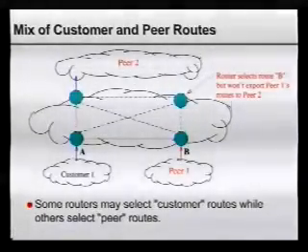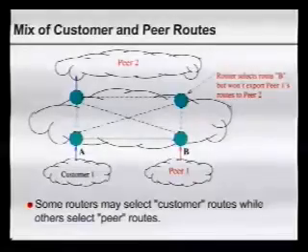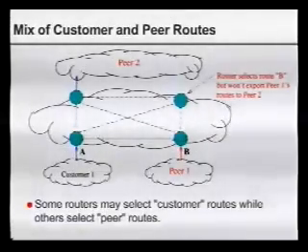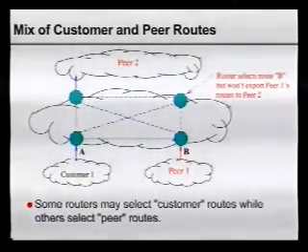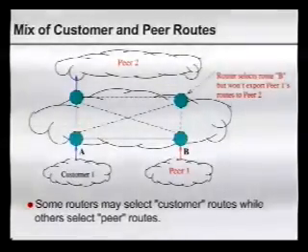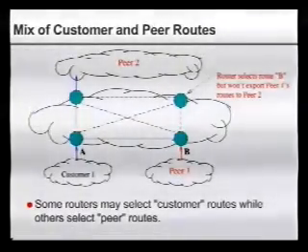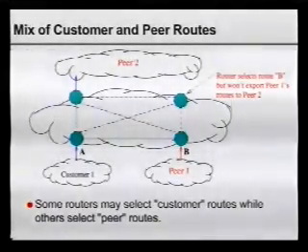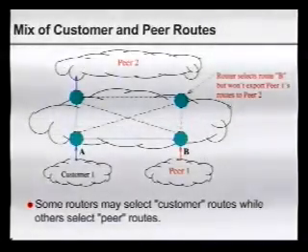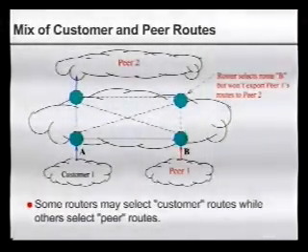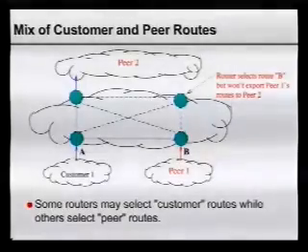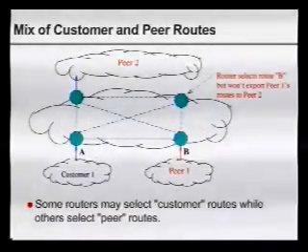Okay, so those are things that involve configuration. Let's talk about some more fundamental limitations that can cause these inconsistencies to happen. Just suppose we abide by the common restriction that if an AS learns a route from a peer, it's not going to re-advertise that route to another peer.